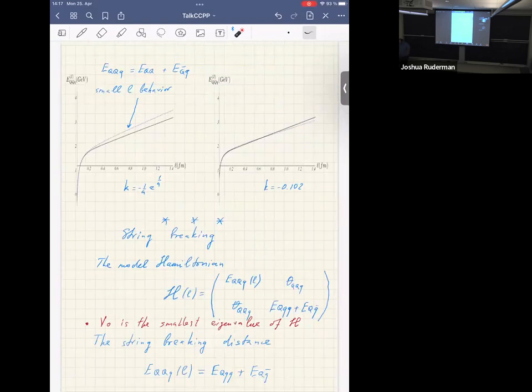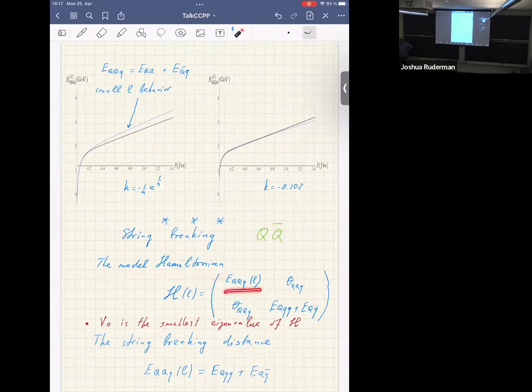And I follow really the lattice gauge theory approach. It's used to describe string breaking in the Q Q bar system. And the point is, one has to introduce the model Hamiltonian.